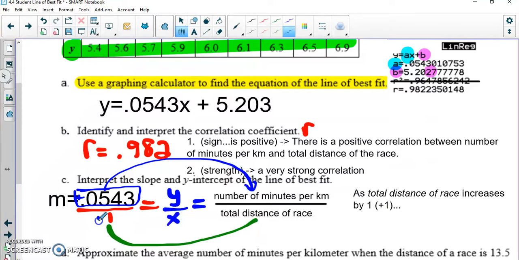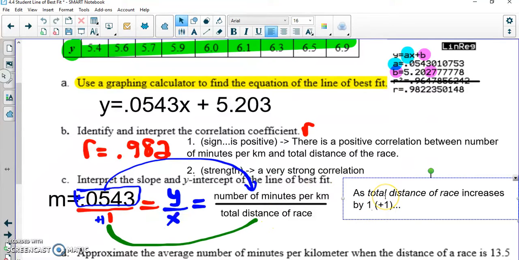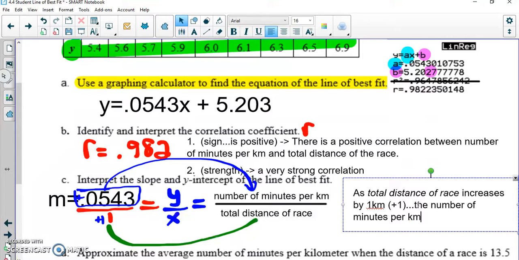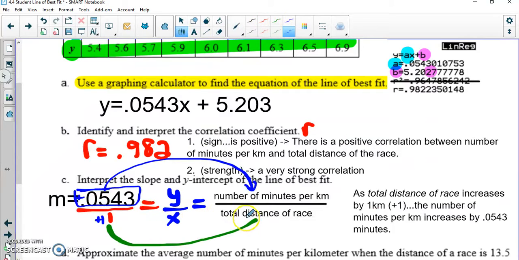So as I increase my x value by 1, so as I increase the total distance of the race by 1 kilometer, the number of minutes per kilometer increases by 0.0543 minutes. So again, we're making sure that we are identifying the value and the increase or the decrease in both our independent and our dependent variable.